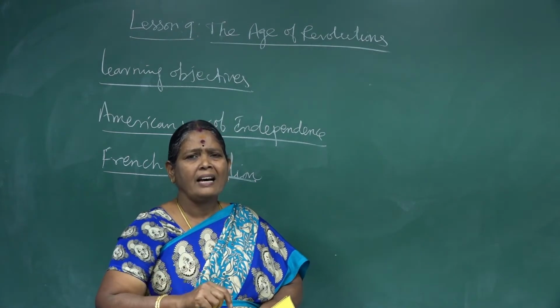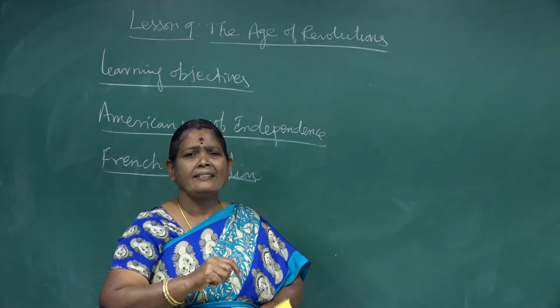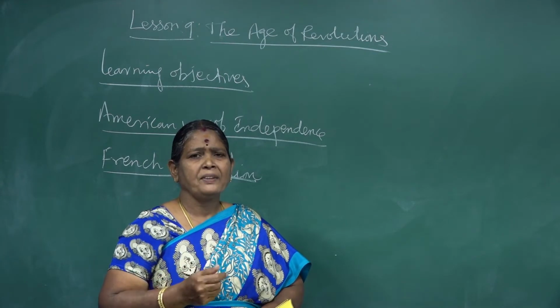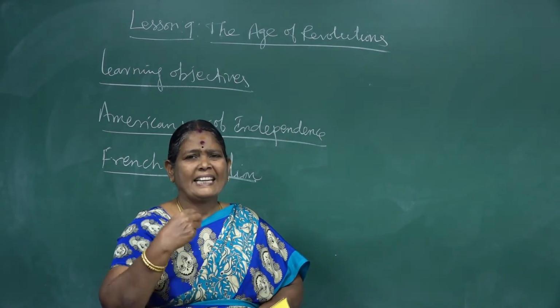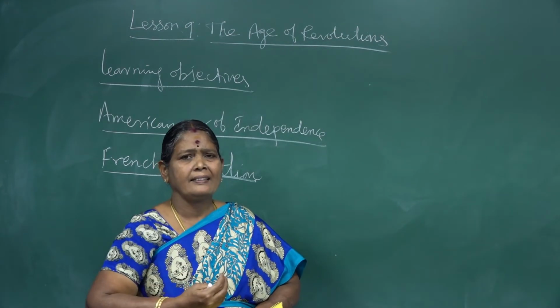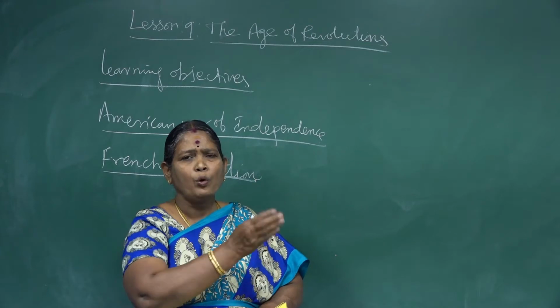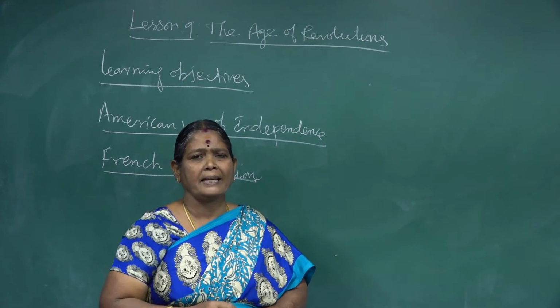So they were always condemned under the English kings, the Stuart kings, particularly James I and Charles I. They drove the Puritans out of that place. That is why they moved towards the west side of America.